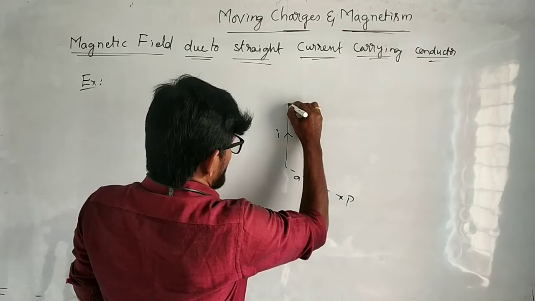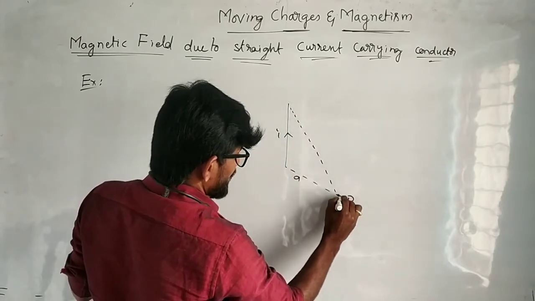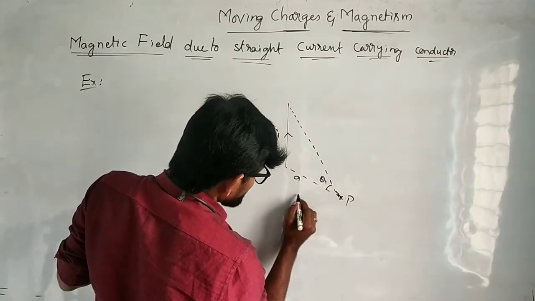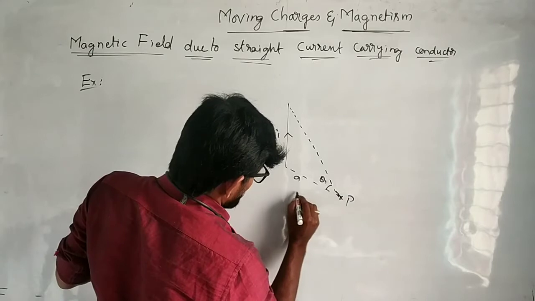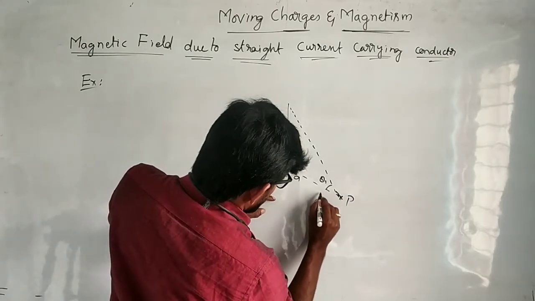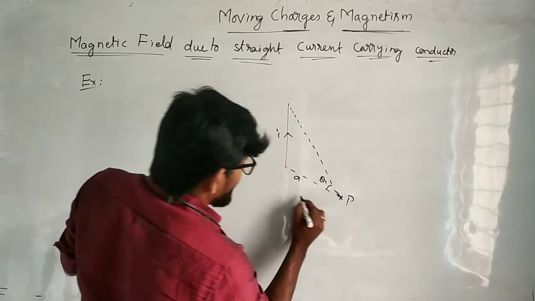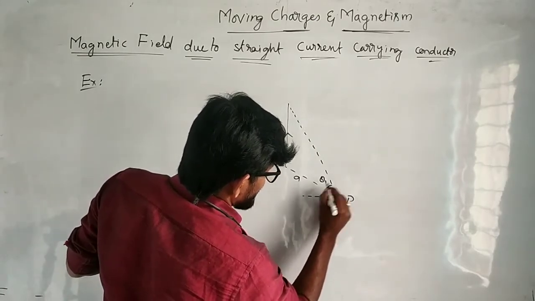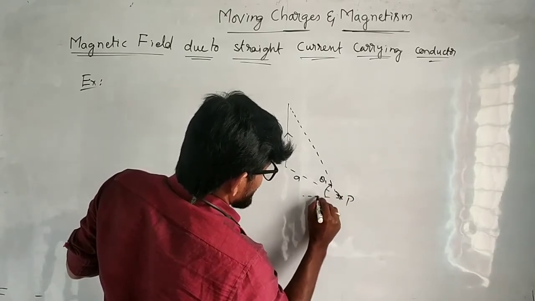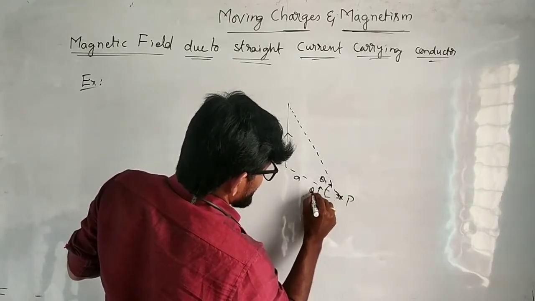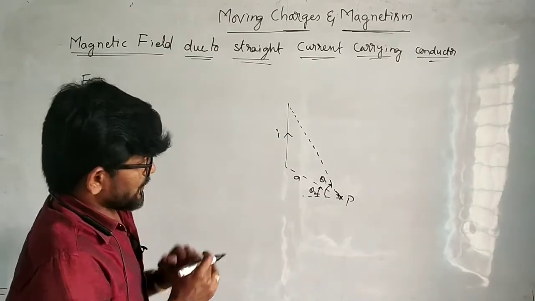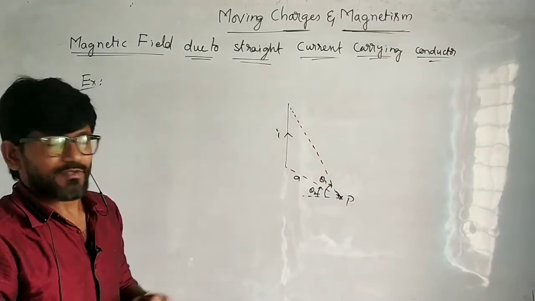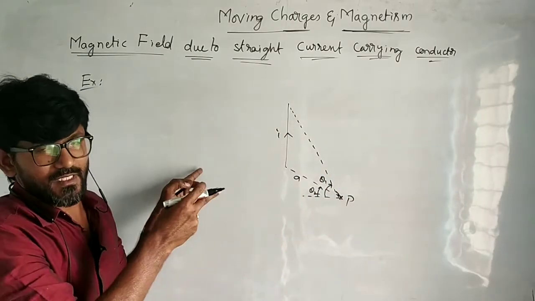The line joining the top end to the point makes an angle theta 1 from the horizontal, and the line joining the bottom end to the point makes an angle theta 2 from the horizontal. In this case, find the magnetic field at this point due to this conductor. In such cases, you can use this as a generalized formula for the previous kind of problems.